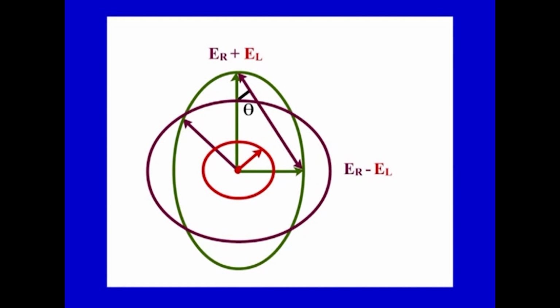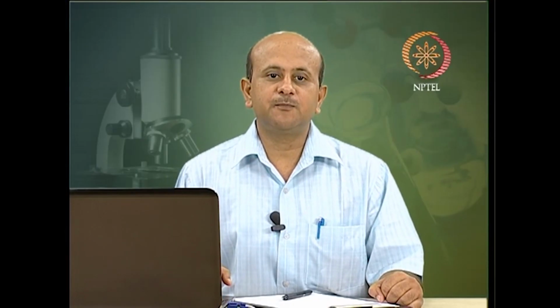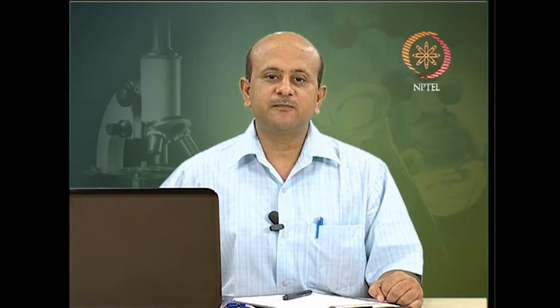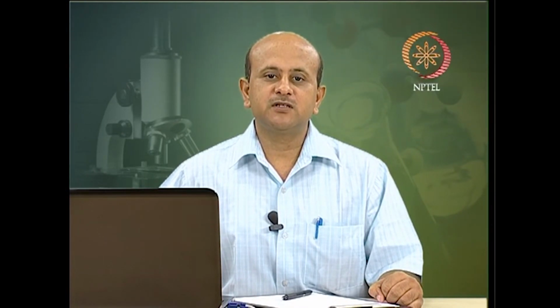Here in this figure, there are vectors ER plus EL and ER minus EL. There is an angle here, so this is ER and this is EL here. This could be expressed in terms of elliptically polarized light.